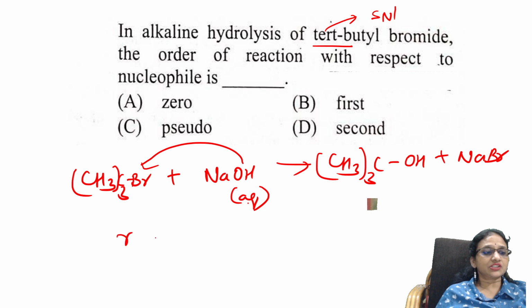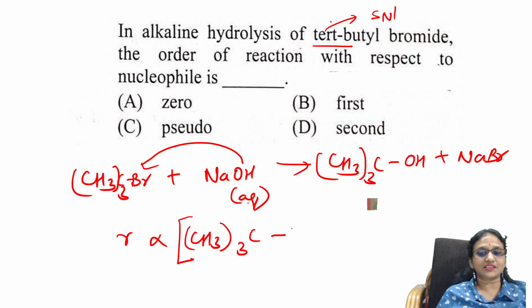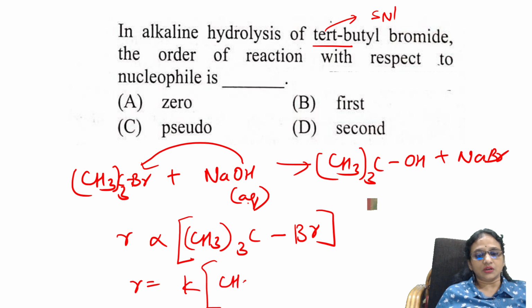Now the rate of the reaction depends upon only one alkyl halide. So rate is equal to k times the tertiary alkyl halide, that's all.